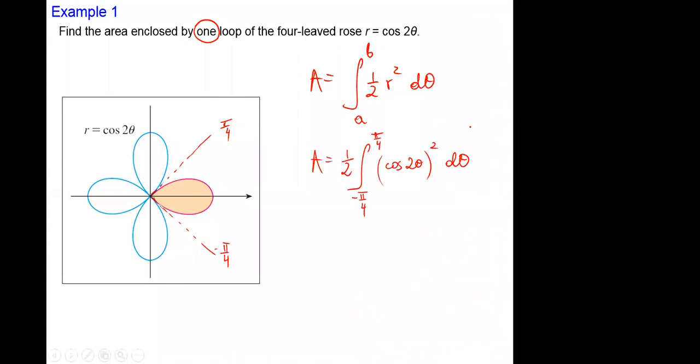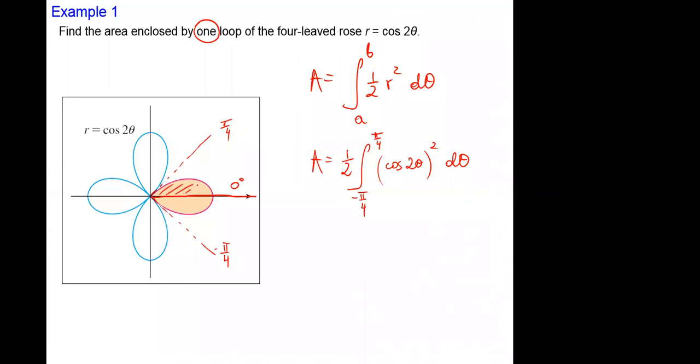That's almost everything. But we will expect you to use symmetry. You can definitely see that the loop is symmetric if I divide it along my x-axis.